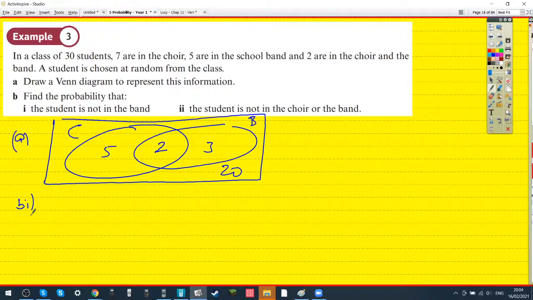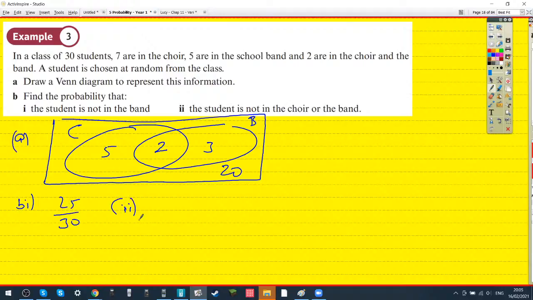So would it be 27 out of 30? Is not in the band. How many students are not in the band? 27. Are these 2 in the centre in the band? Oh, yeah, they are. 25. Well done. 25 out of 30.